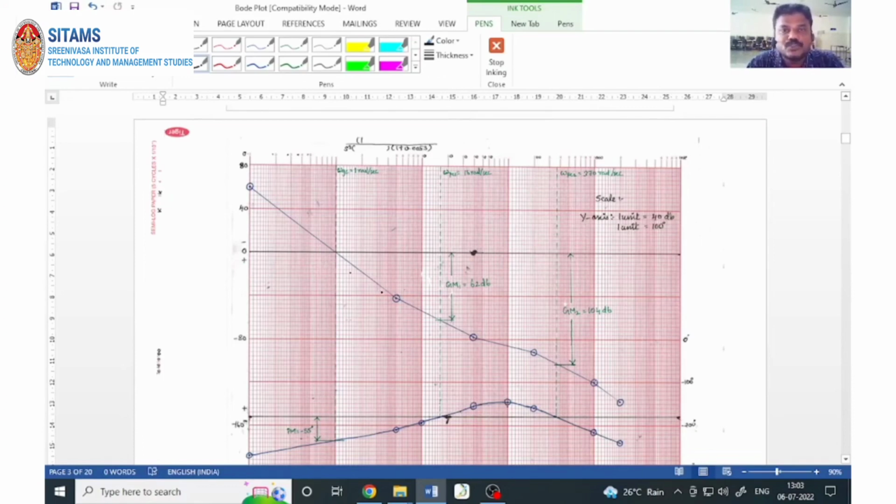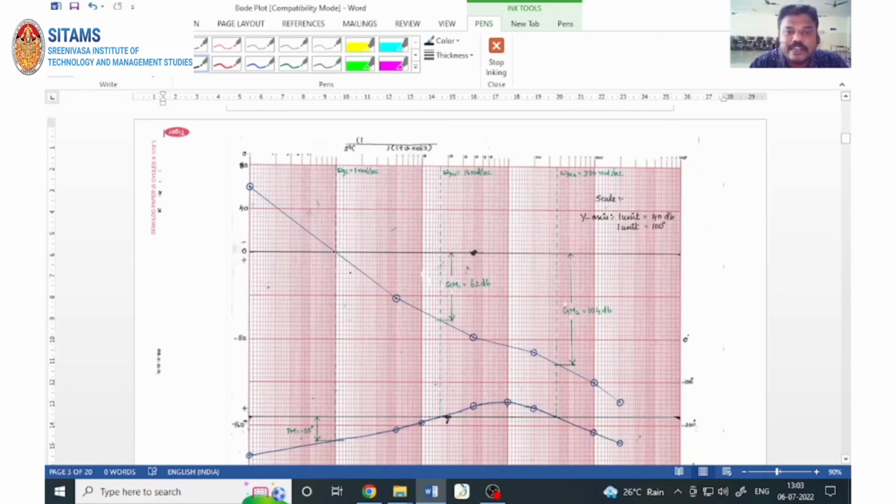Now our ultimate aim is to determine the phase margin, gain margin, and the gain K. So if you observe, the magnitude plot cuts the 0 dB line. So you need to know what is the 0 dB line, what is the minus 180 degree line. This 0 dB line is the reference line for the magnitude plot, and this minus 180 degree line is the reference line for the phase plot.